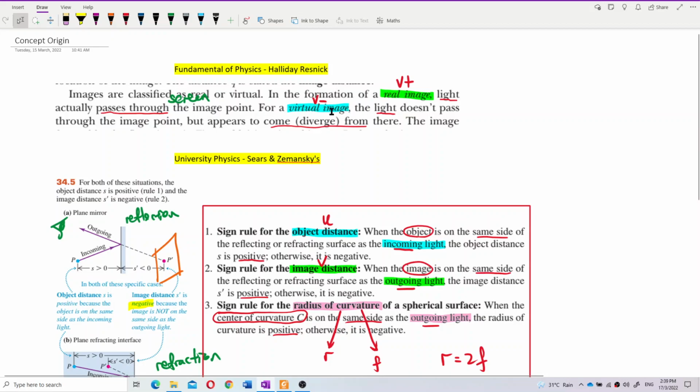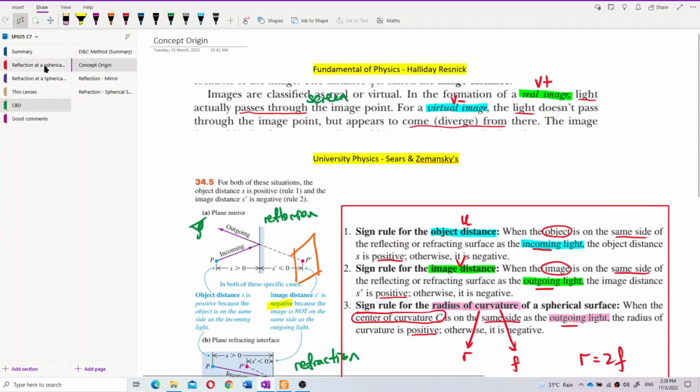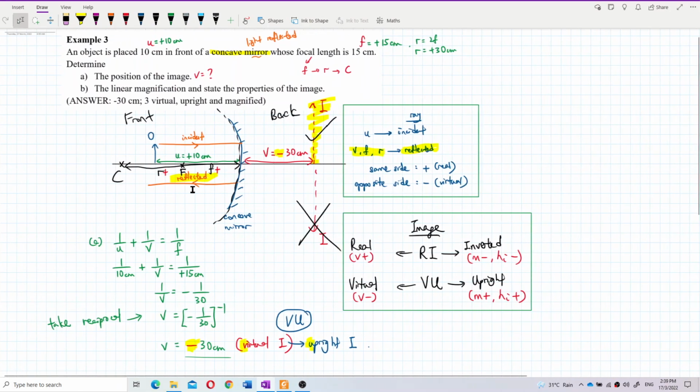Look back to my example here. This reflected light appears to come from the image. The light doesn't go to that point. It doesn't pass through the image. But this reflected light appears to come from this image. That's why this is a virtual image. That's why the V is negative. Understand?